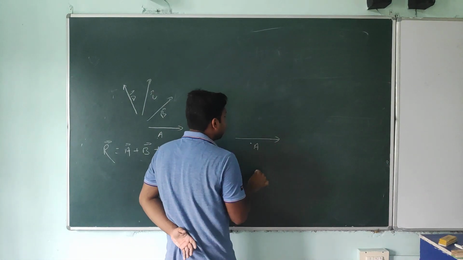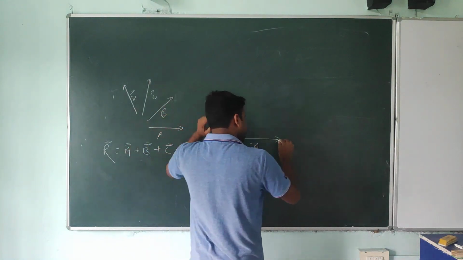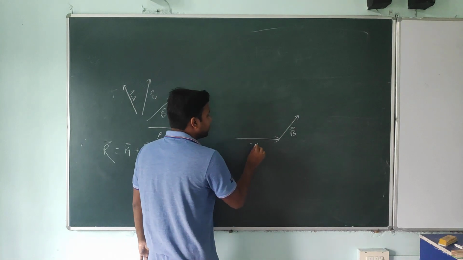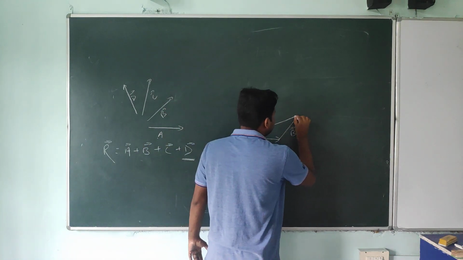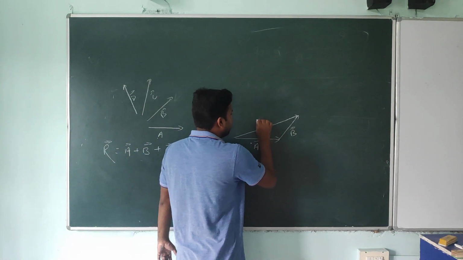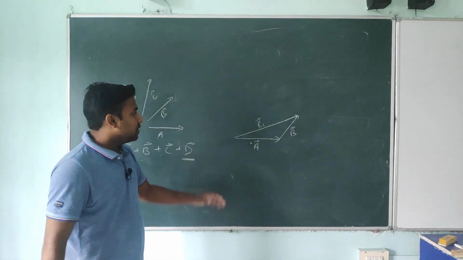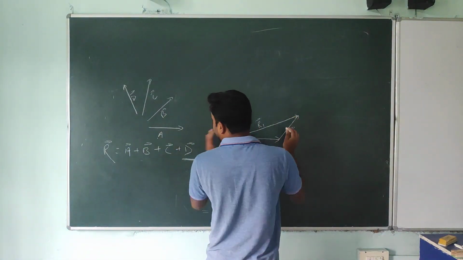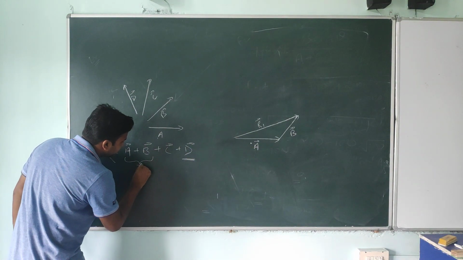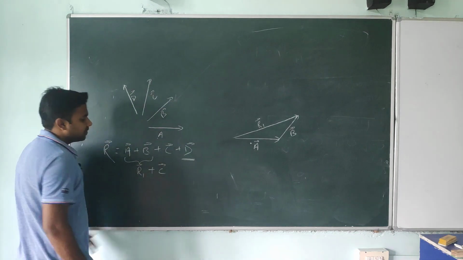This one is the A vector, and here B is inclined. Here this one is the B vector. So what you can do is calculate the one resultant, the R1 vector. Now this is the R1 vector plus the C vector.